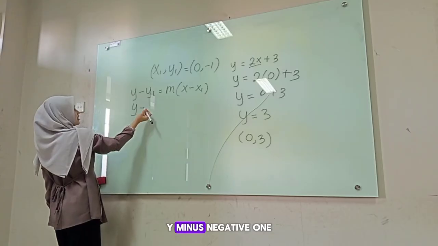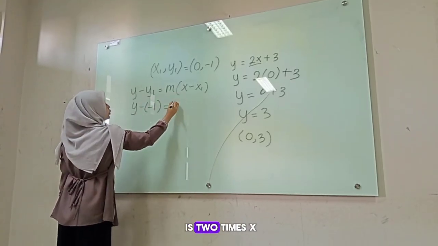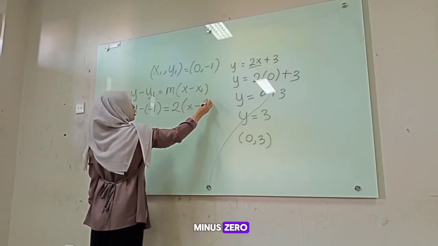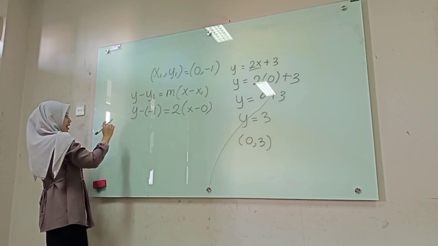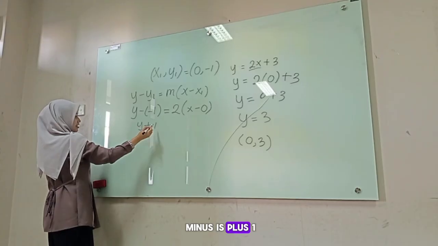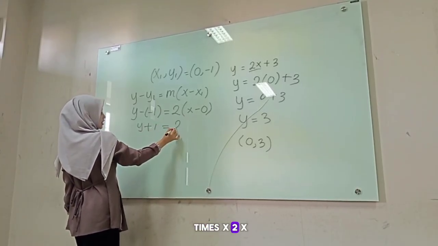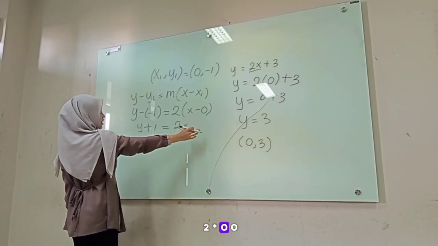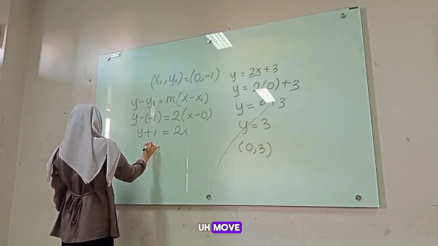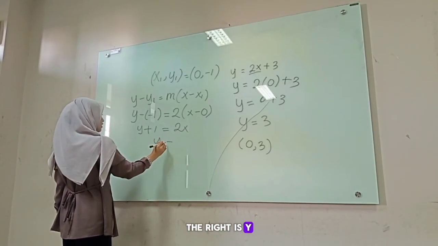Y minus negative 1 is 2 times x minus 0. After that, minus times minus is plus: y plus 1 is 2 times x, 2x, 2 times 0 is 0. So, move the plus 1.